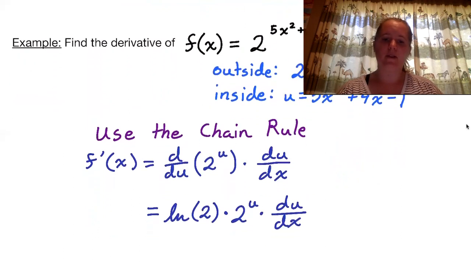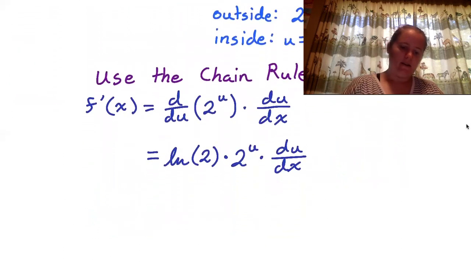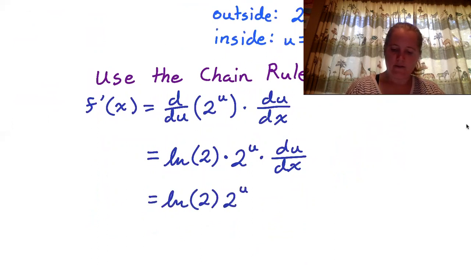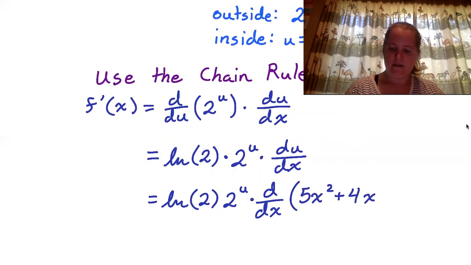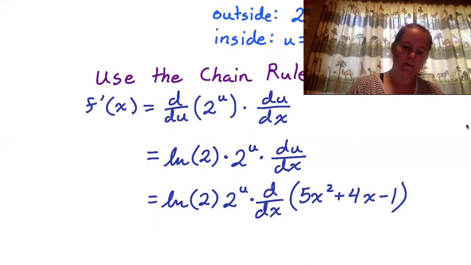We can go ahead and plug that in. So we have this as the natural log of 2 times 2 to the u times the derivative with respect to x of 5x squared plus 4x minus 1. We still need to do this derivative at this point.